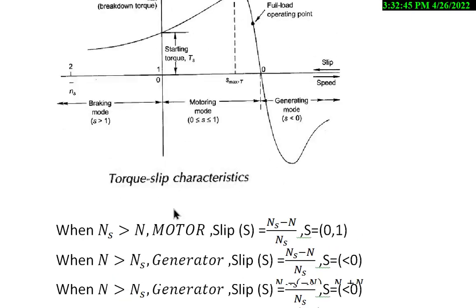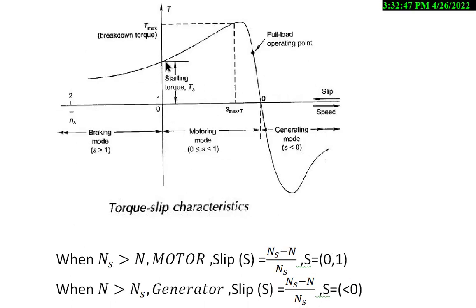Similarly, if at the stator terminals, that means the three-phase supply, two phases are interchanged, in that case the stator magnetic field direction changes. At the same time, the rotor also changes its direction from one direction to the other direction.